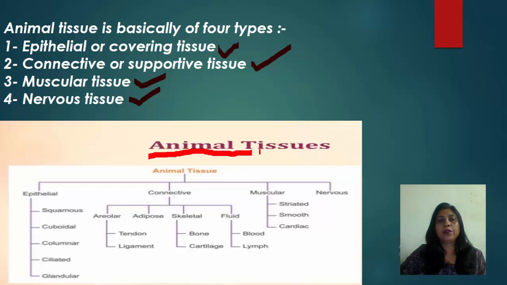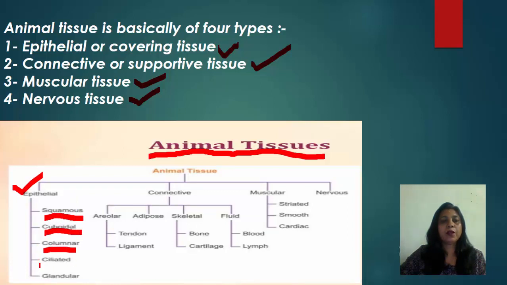If you see the tabular form, animal tissue is divided into four types: epithelial, connective, muscular and nervous. This epithelial tissue is further subdivided into squamous epithelium, cuboidal epithelium, columnar epithelium, ciliated epithelium and glandular epithelium.